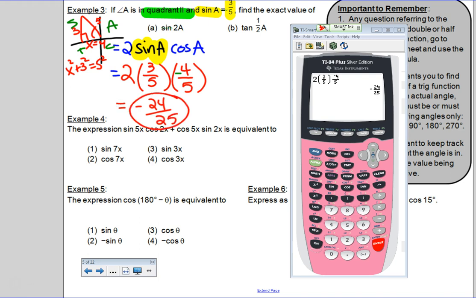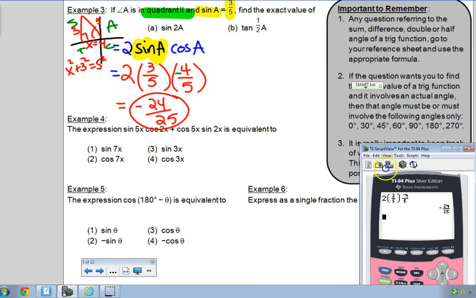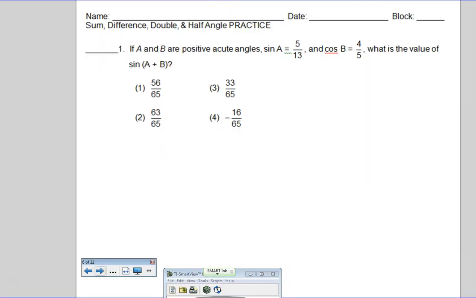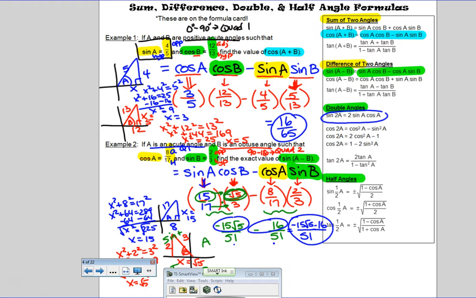All right, tan of 1/2 A. Same angle A, we're doing the same problem, but now we have to look up the formula for tan of 1/2 A. So going to the front sheet again, tan of 1/2 A is way down here. It's that formula. So we're going to use that to figure out the value of the problem we're on.